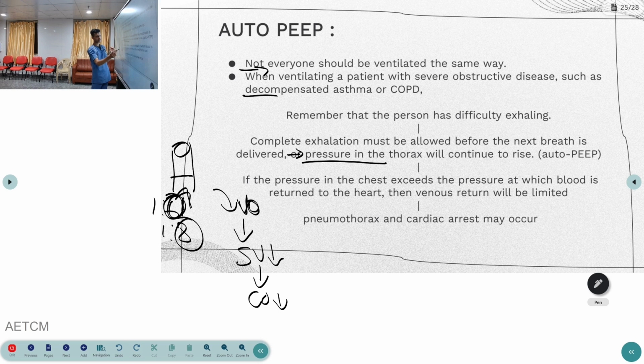The person can get a cardiac arrest, which is one of the major important things in auto PEEP cases. And then pneumothorax: if the intrathoracic pressure increases, that leads to pneumothorax, or the person may even develop a spontaneous pneumothorax.